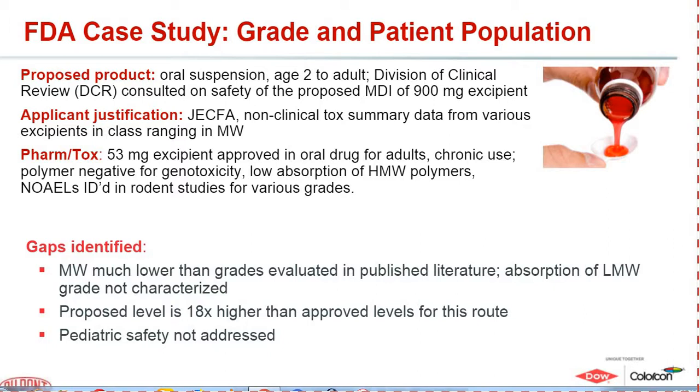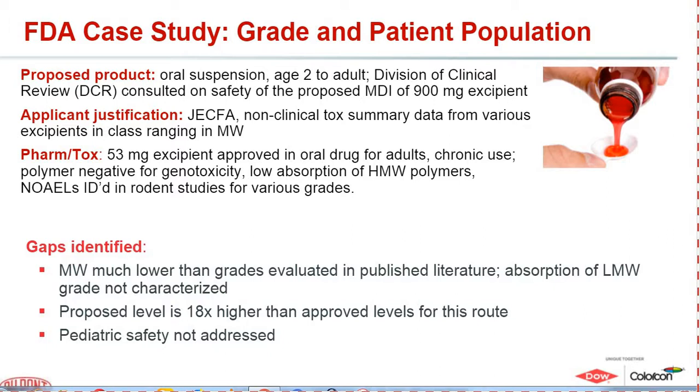And then they talked about pharm tox information that already existed, which supported the fact that 53 milligrams of the excipient had already been approved in oral drugs for adults for chronic use. They discussed the fact that the polymer was negative for genotoxicity and had low absorption for the high molecular weight polymers. They identified the NOELs in rodent studies for various grades of this excipient as well.